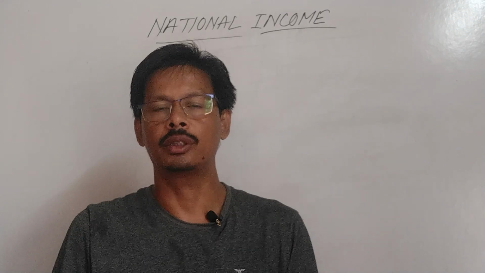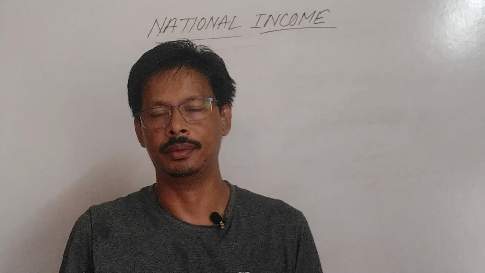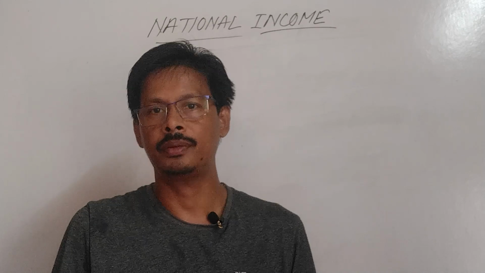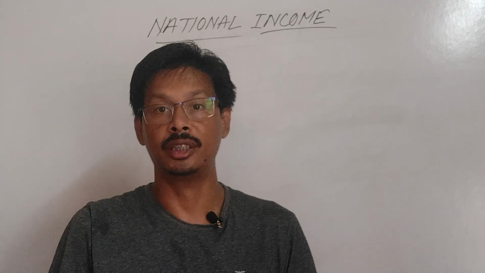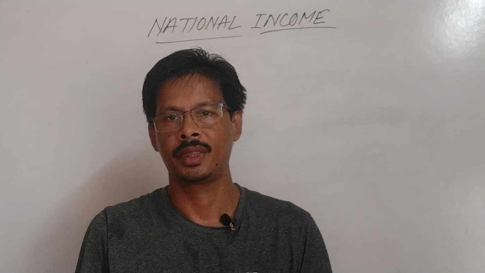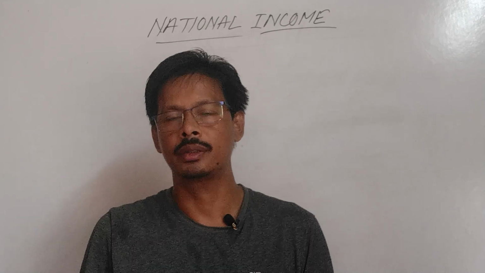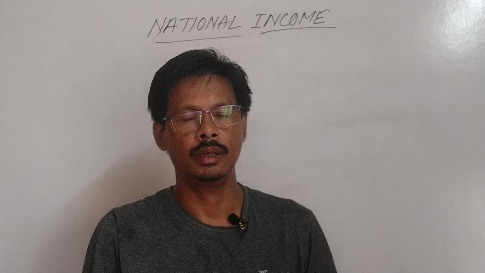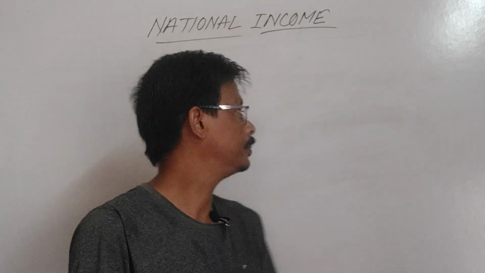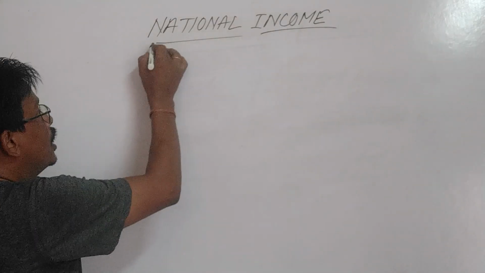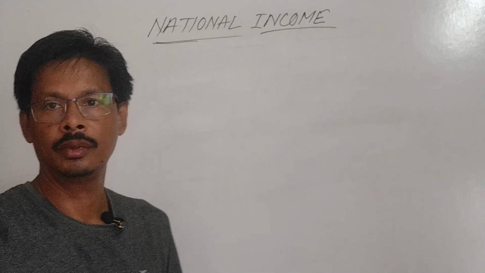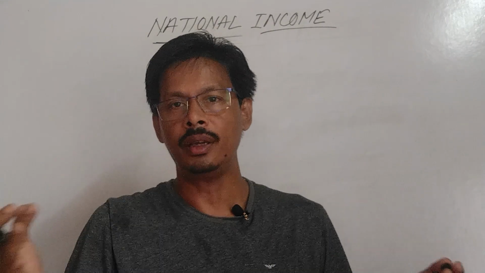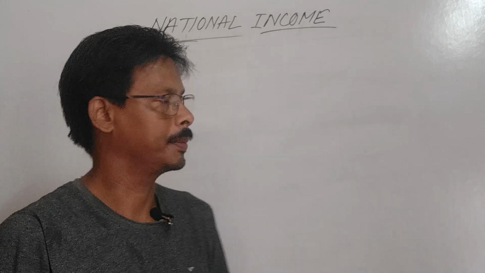Their income is also accounted. That is the reason instead of country's income, the term nation is used here. So from this clarification, it is justifiable when you calculate the income of a country or income of an economy.